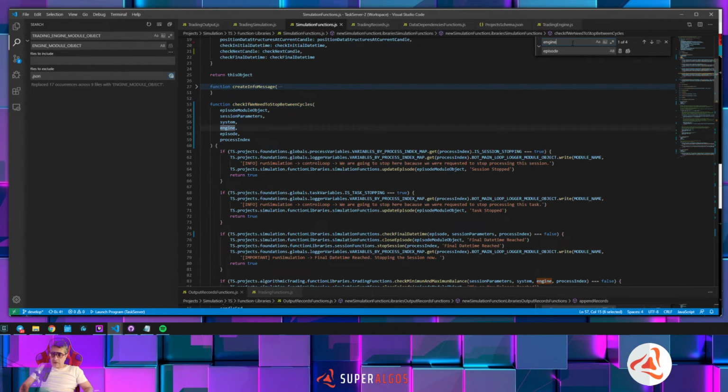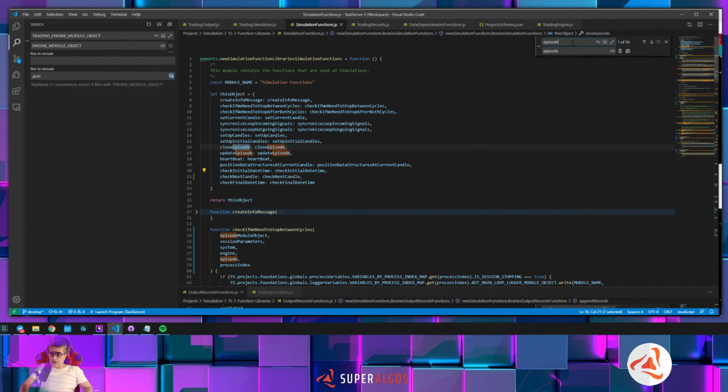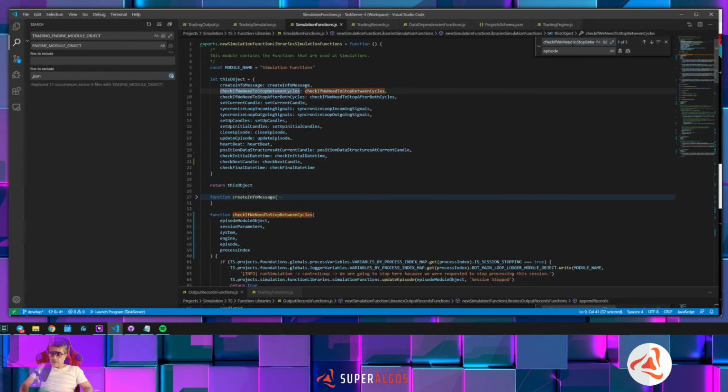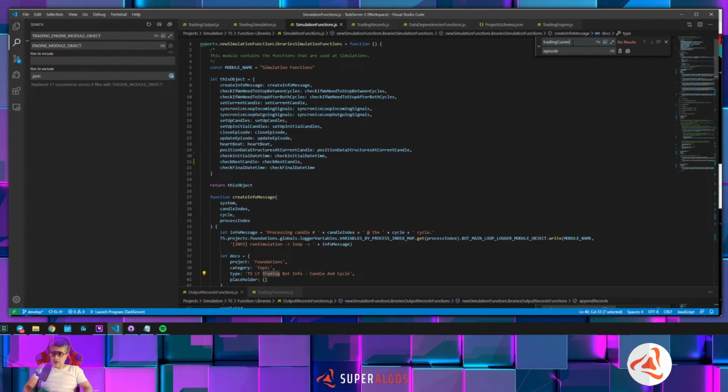So let's check if there is some other trading current. Trading current. There's no more. Let's check what about trading.